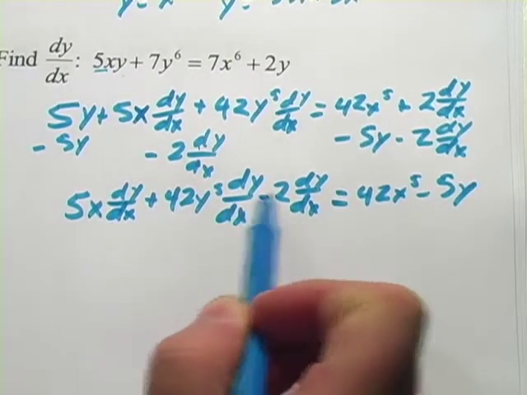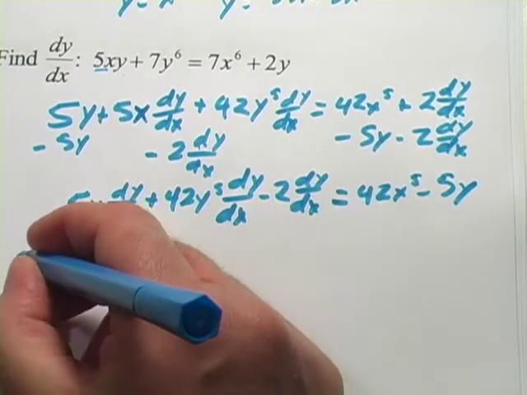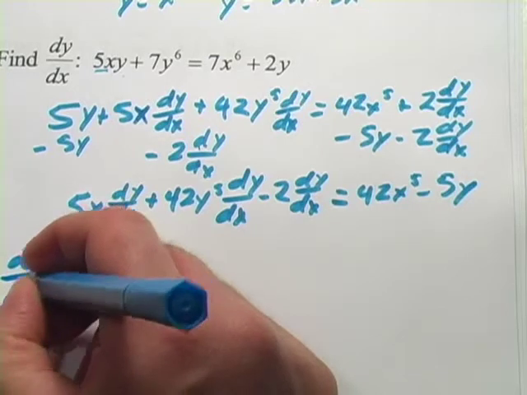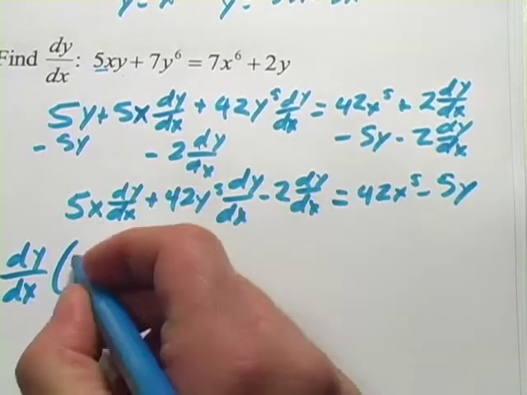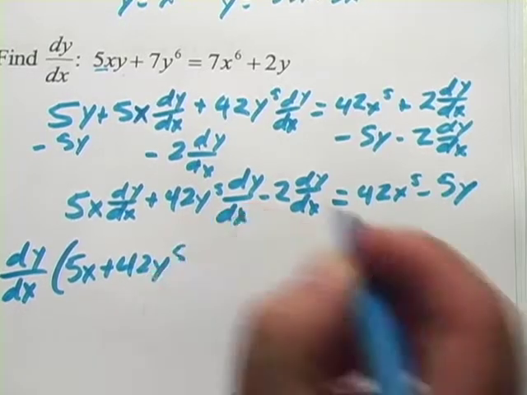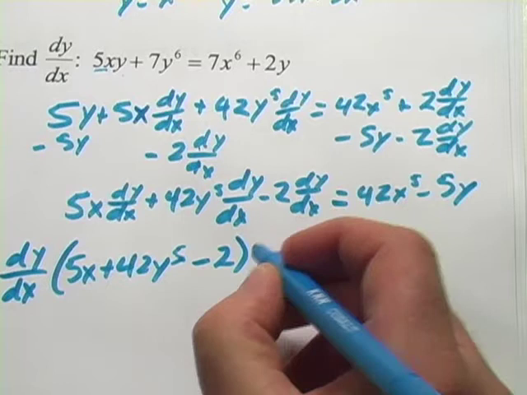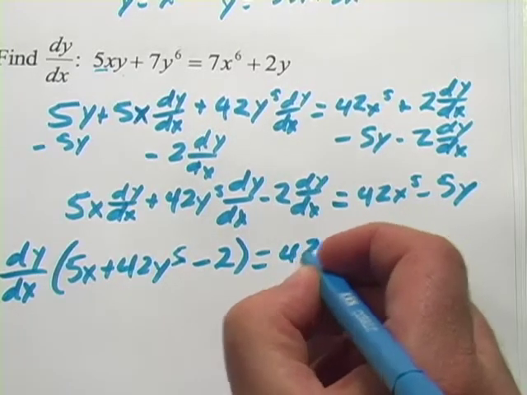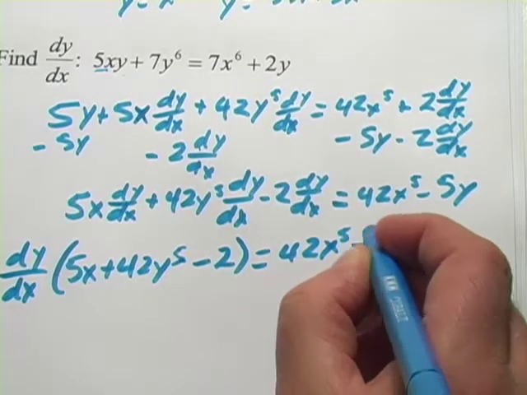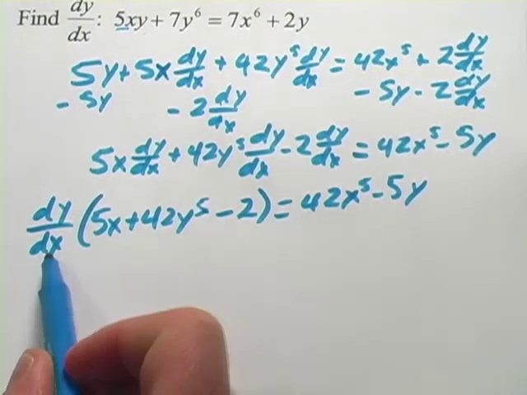Now, you'll notice all these terms have a factor of dy dx. I'm going to factor that out. So dy dx times 5x plus 42y to the 5th minus 2 equals 42x to the 5th minus 5y. Only one more step to solve for dy dx.